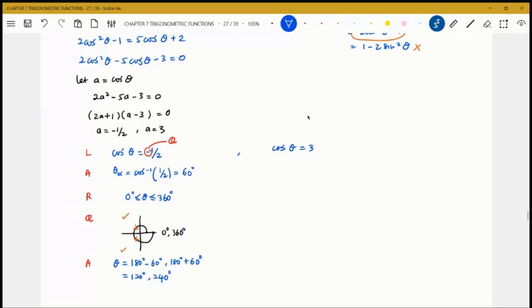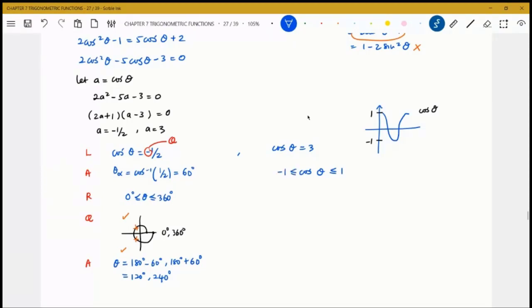Second case pula which is cos theta equal to 3. Okay, kita patah balik chapter 5. Maksimum untuk cos theta apa? Maksimum untuk graf cos theta. Maksimum di sini apa? Minimum dia apa? 1 and negative 1. So kalau kita tahu cos theta maksimum dia adalah 1, minimum dia adalah negatif 1.